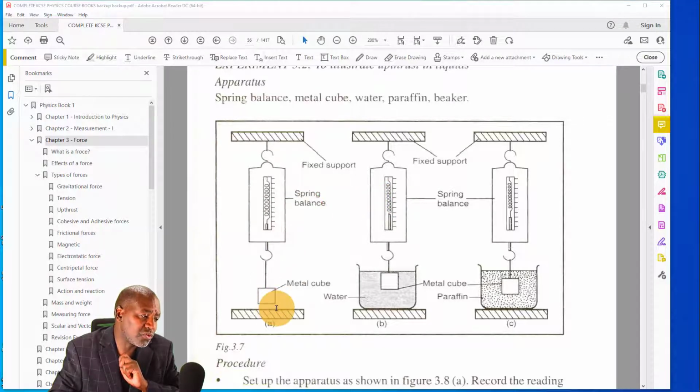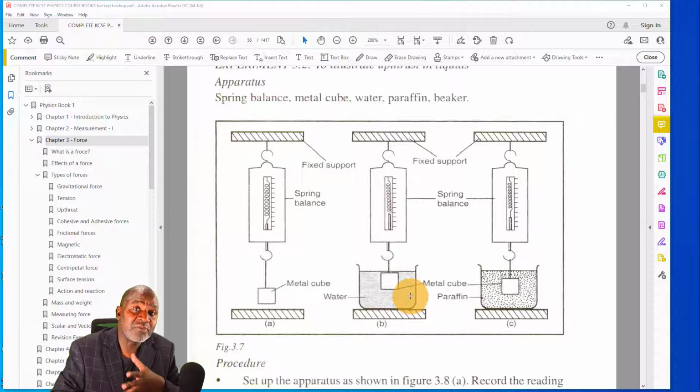So we refer to this weight of the object in air as just that, weight of the object in air. And then when it is immersed, we refer to it as weight of the object in the fluid, in water, for instance. And then you can even change the liquid that you are using. What type of observations are you going to make, given that paraffin has got a lower density compared to water?